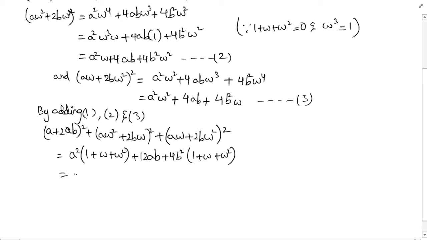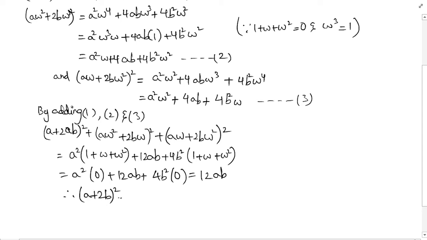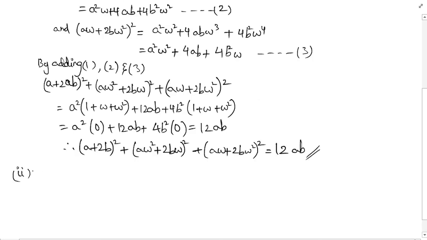Okay, this will be equal to a square of 0 plus 12ab plus 4b square into 0, which will be equal to 12ab. Okay, so therefore (a plus 2b) the whole square plus (a omega square plus 2b omega) the whole square plus (a omega plus 2b omega square) the whole square will be equal to 12ab.